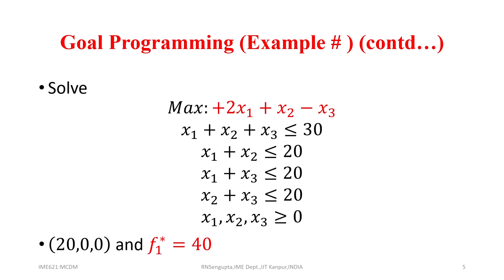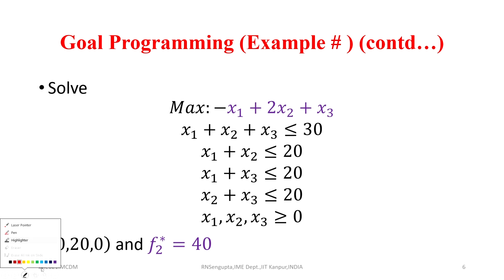Without going into much detail, in the first case, maximizing objective function F1, the points are 20, 0, 0 and F1 star is 40. For the second case, F2 star is found with decision variables 0, 20, 0, and F2 star is 40.